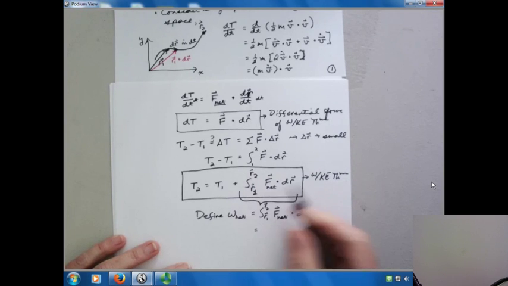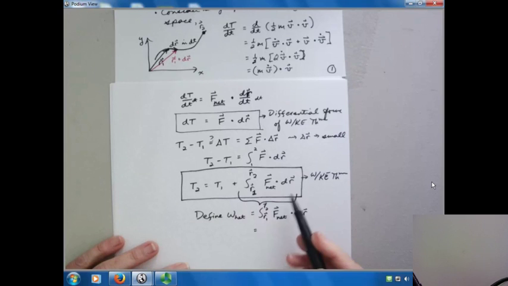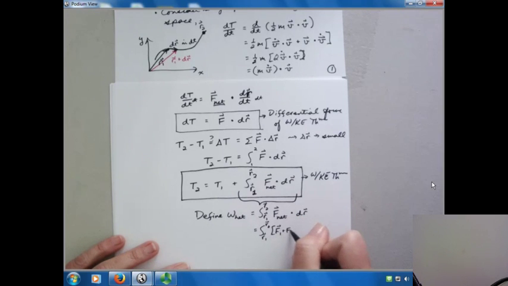You could also note that if there were multiple forces adding up to this net force, I could make a substitution here. So F1 plus F2 plus and so on, however many there are.